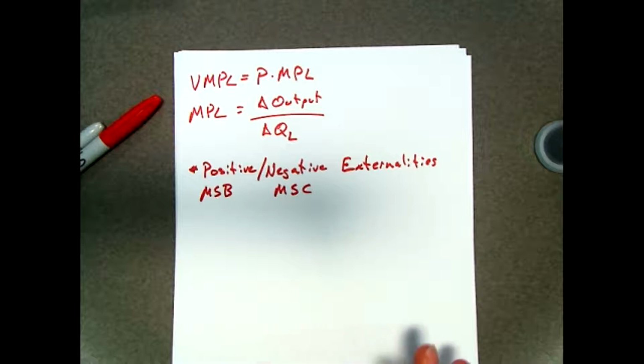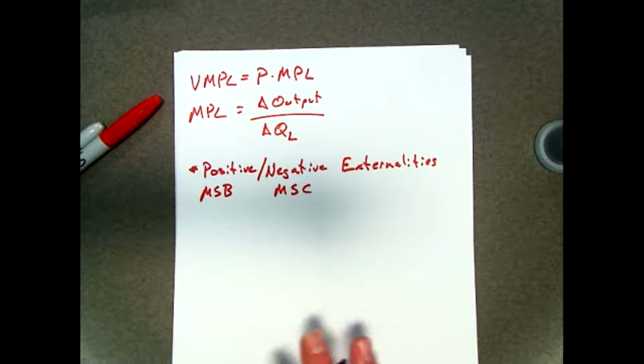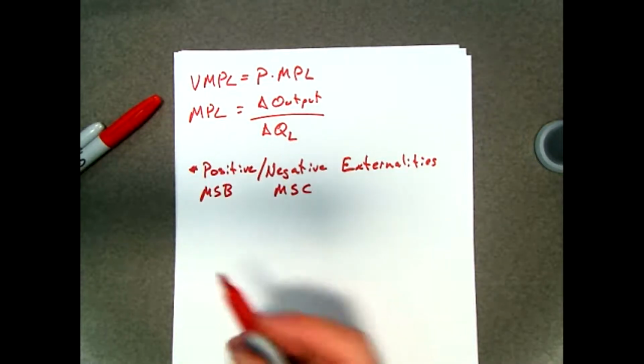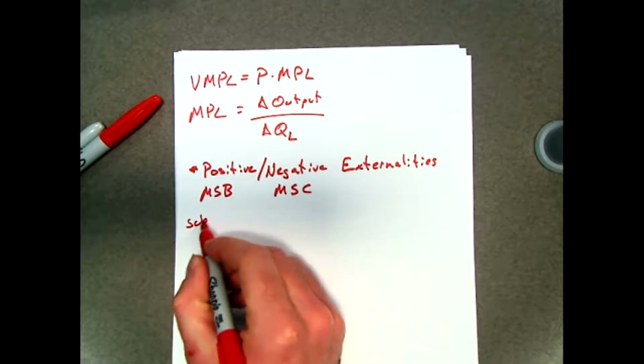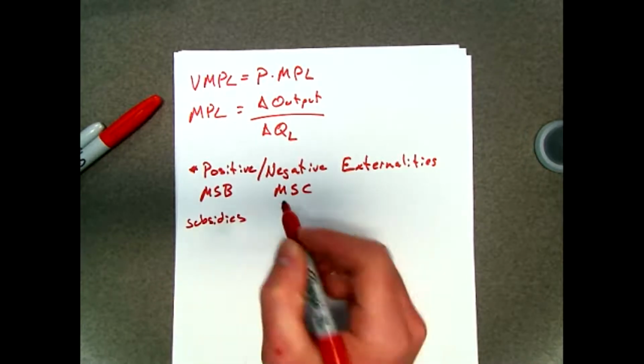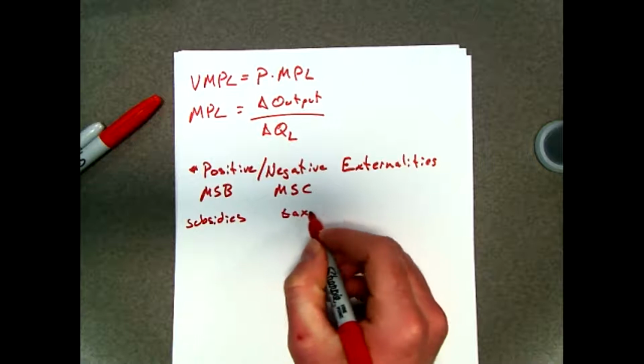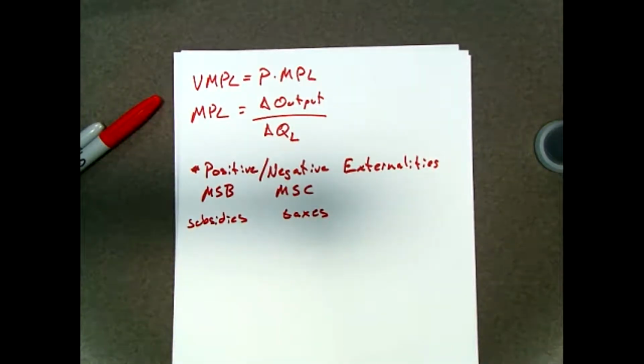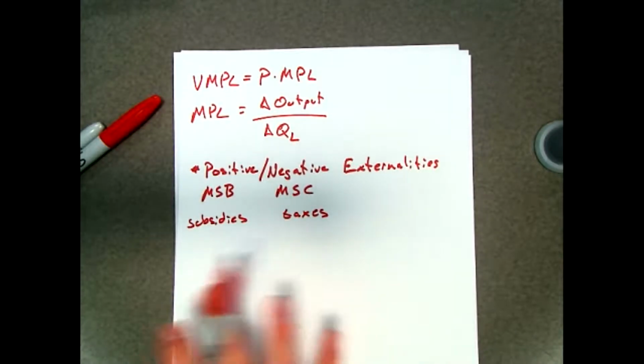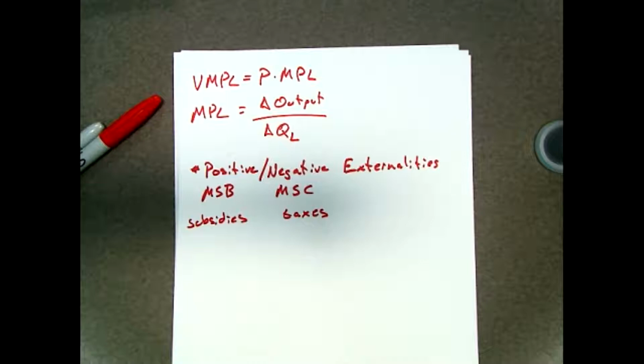Know how to identify the efficient point for society in both of those relative to the point where the free market arrives at. Know that for positive externalities, we can correct for those using subsidies. Negative externalities, we can correct for those using taxes, right? And how those would shift our private marginal benefit or marginal cost curves to match up with society's marginal benefits or marginal costs.